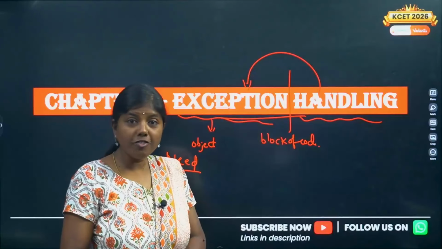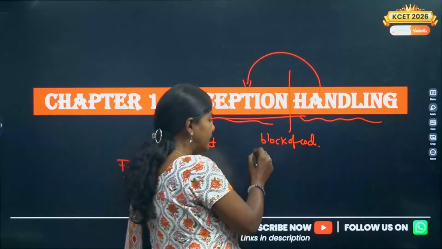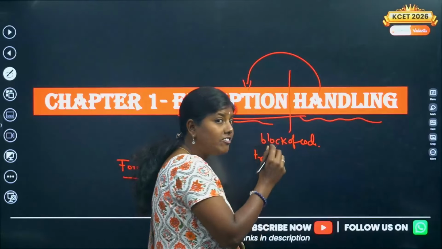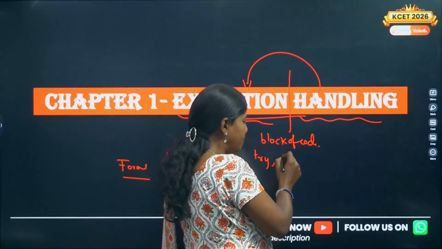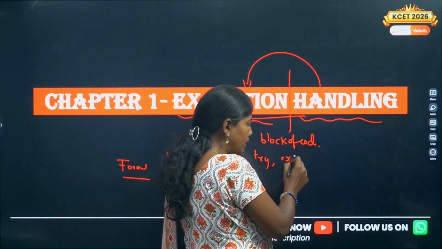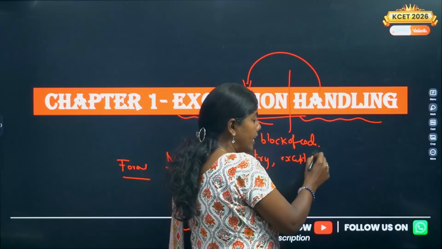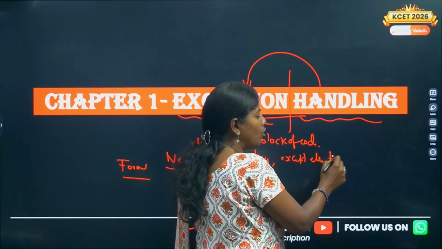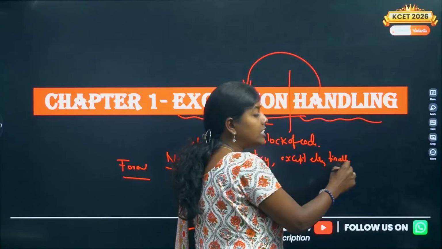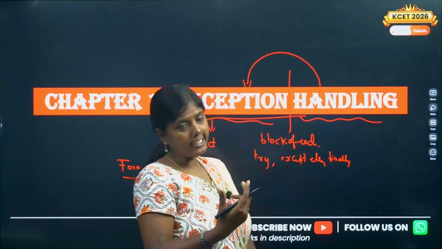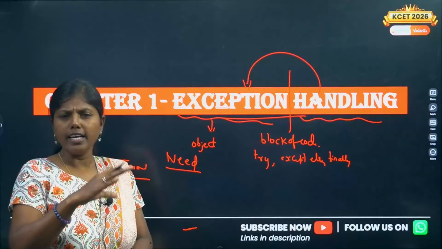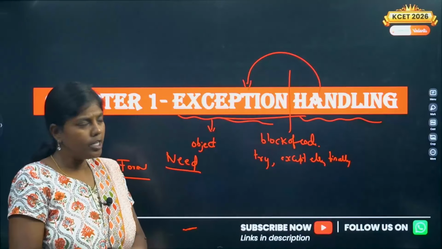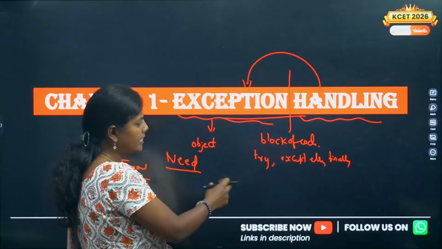What are the different keywords that are used? It's basically try. Then we have the except block, then an else block, and also a finally block. These are the keywords used for handling the exception. So I think you have a clear idea on exception handling. Clear? Now we'll go to the next slide.